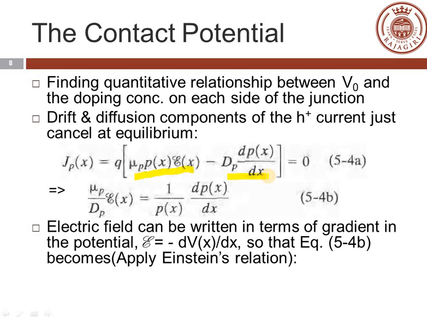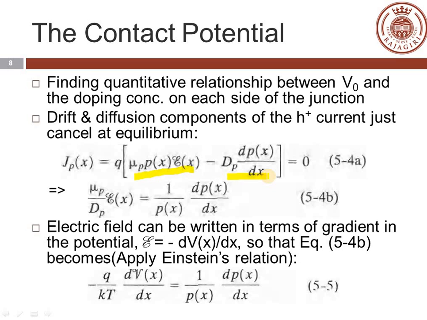If we apply that on equation 5b, and apply the Einstein relation, D/μ = kT/q, we can rewrite equation 5b as −(q/kT) dV/dx = 1/p(x) dp(x)/dx.